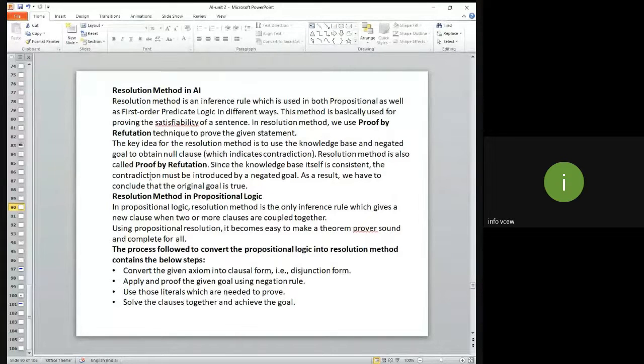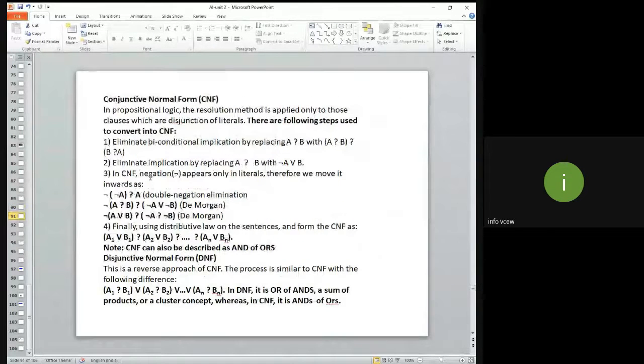You want to find the contradiction, and for that we have two types of methods: one is CNF and the other is DNF. CNF means conjunctive normal form. You remember the conjunctive normal form?